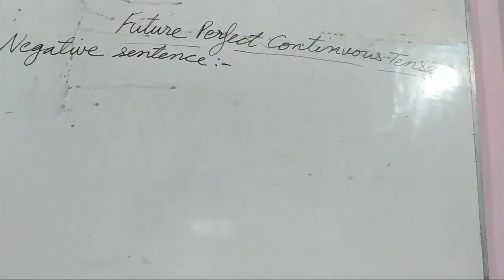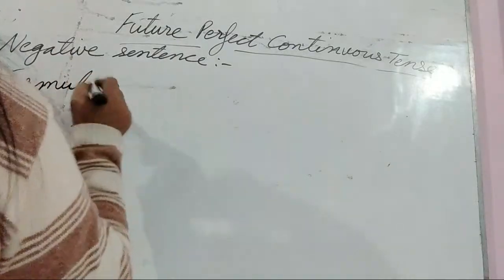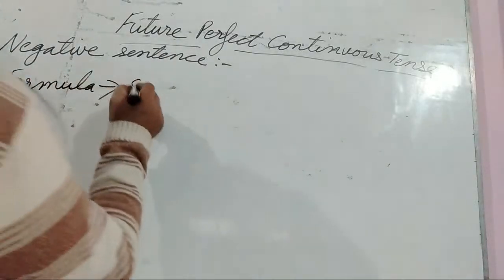Now we are going to see how to make a negative sentence in future perfect continuous tense. So here is the formula for it. First let's see the formula and then the example, which will make you more clear.